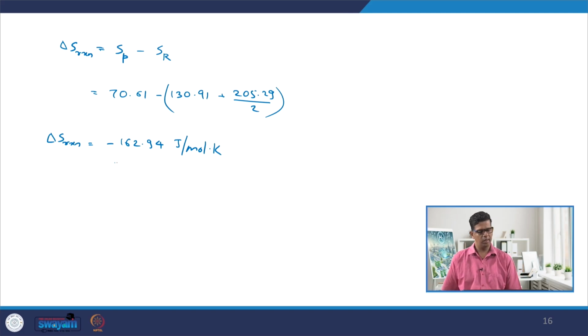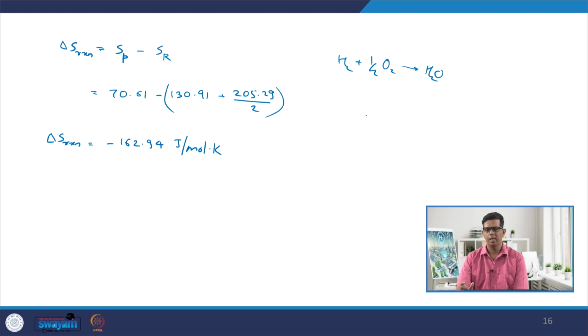The minus sign, as we have already discussed, indicates that the entropy decreases after the reaction has proceeded, which means H2 plus half O2 giving H2O. So, we have less chaos in the system.